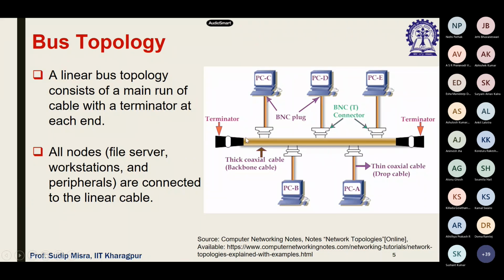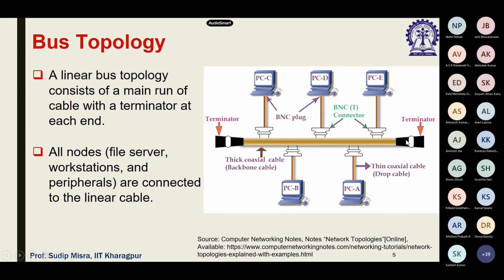So in the bus topology, look at this particular figure. You have one backbone cable like this, which runs across between two points. Let us say you have a point A and another point B. There is a thick coaxial cable, which forms the backbone cable.